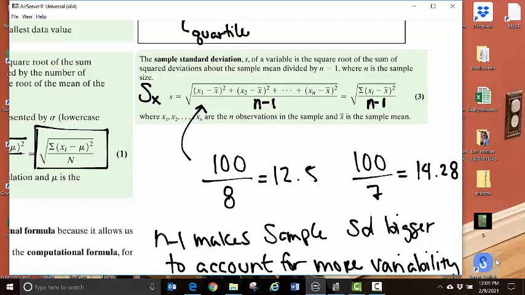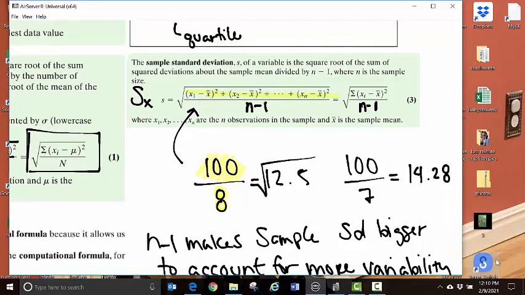Let's say I only had 8 people in my population, and every value minus the average squared added up was 100. 100 divided by 8 is 12.5. If I wanted the standard deviation, then I'd take the square root of that. If instead it was a sample, 8 wasn't my whole population, I would do the same thing, but I would divide by 7.